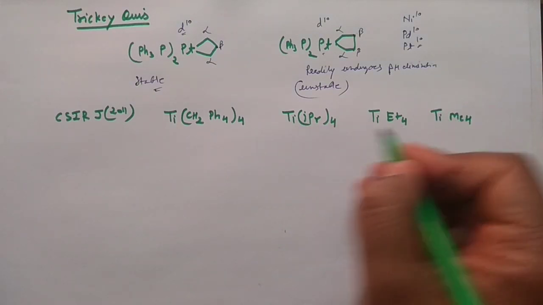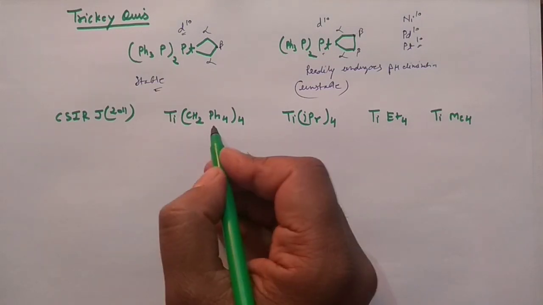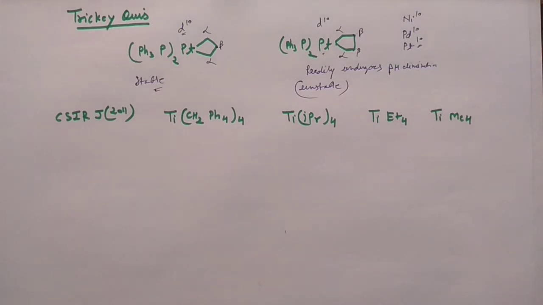Me is methyl, Et is ethyl, iPr is isopropyl, and this is phenyl. They have asked you to arrange them in the order of their increasing thermodynamic stability.